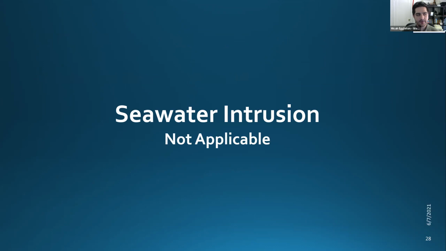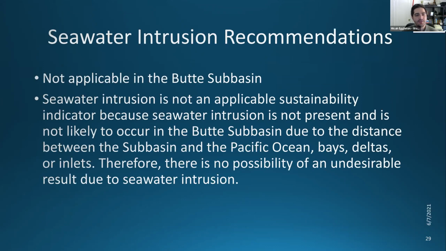That was easy. And I don't even think we need to take a consensus on this one. Seawater intrusion is not particularly applicable to our basin. It is not an indicator because seawater intrusion is not present and is not likely to occur in the Butte Subbasin due to distance between the subbasin and the Pacific Ocean, bays, deltas, or inlets.